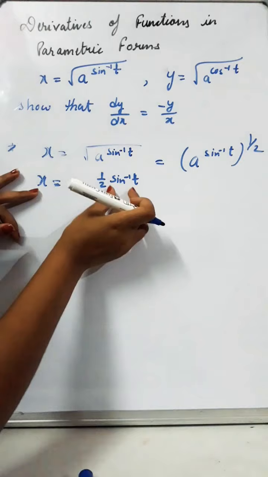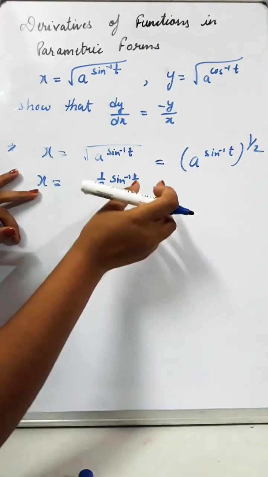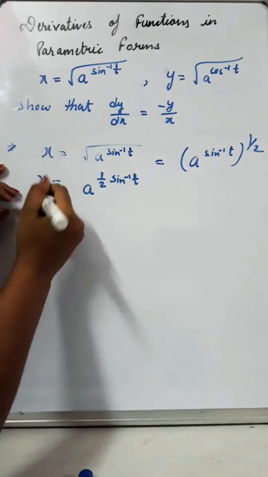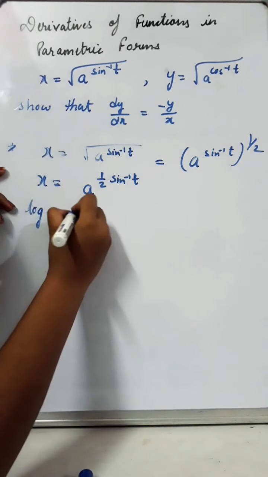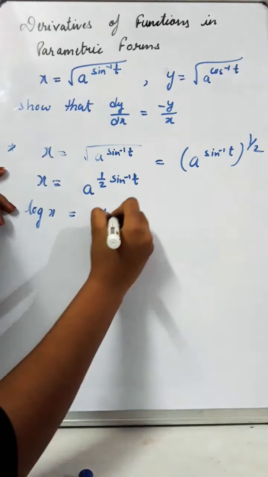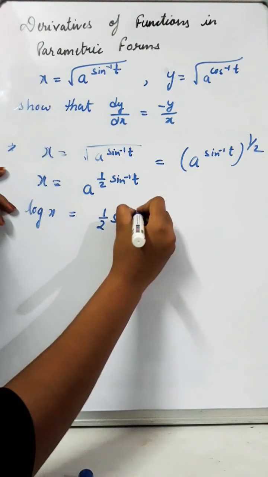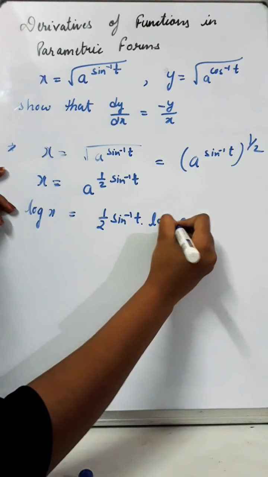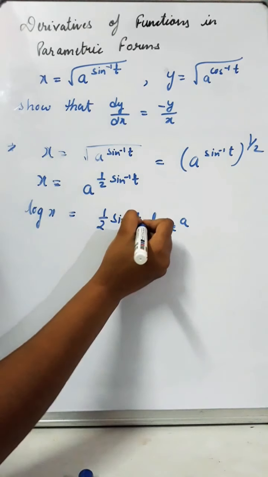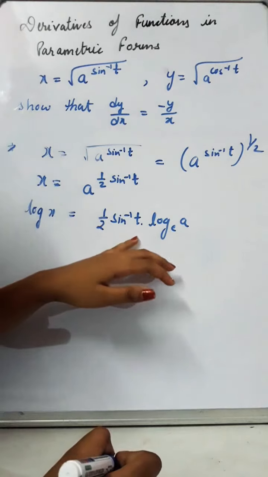A is raised to some function of t, so you will apply log here. If you apply log on both the sides, log of x is your half sin inverse t log a, base is your e. So when you simplify this you get this.